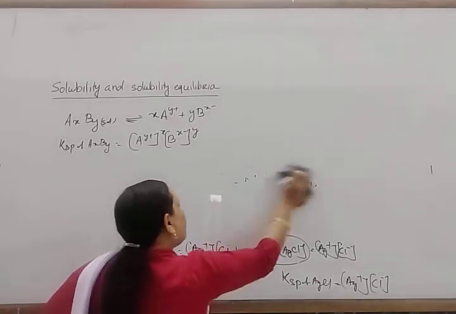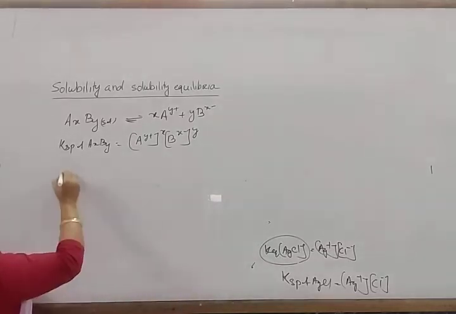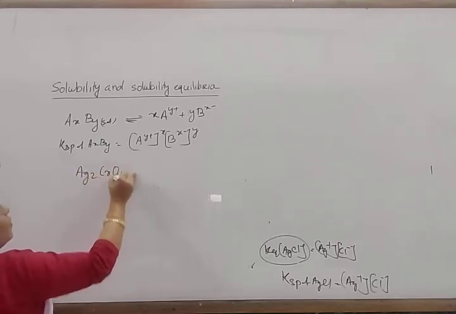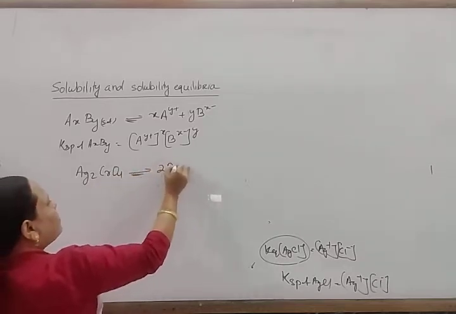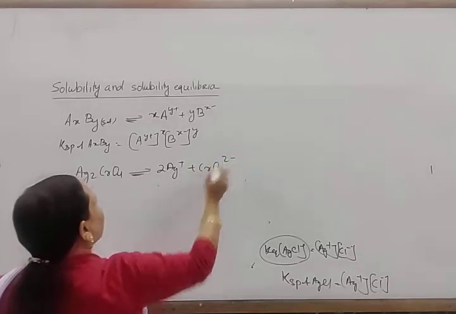Now let us look at some examples of salts. For example, suppose the salt is silver chromate, Ag2CrO4. Then it dissociates as 2Ag plus and CrO4 2 minus.